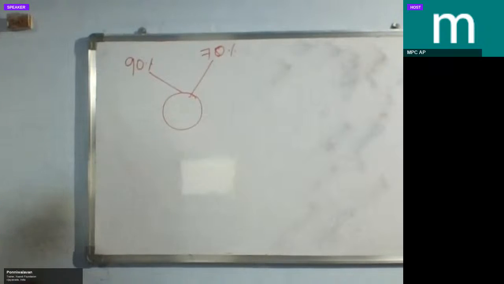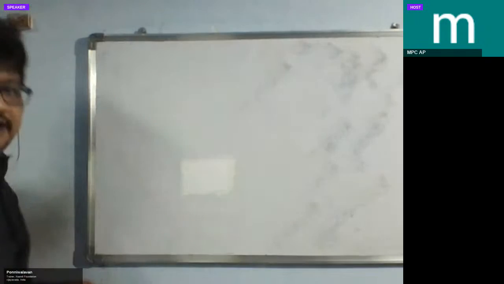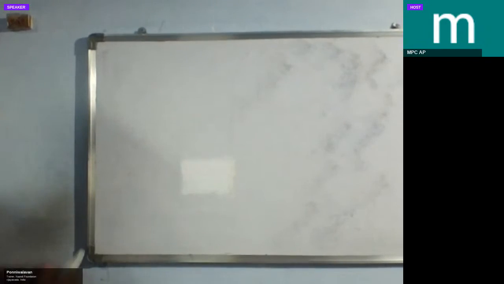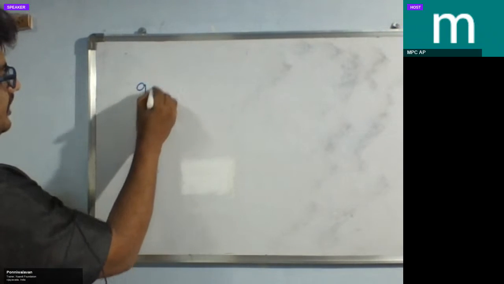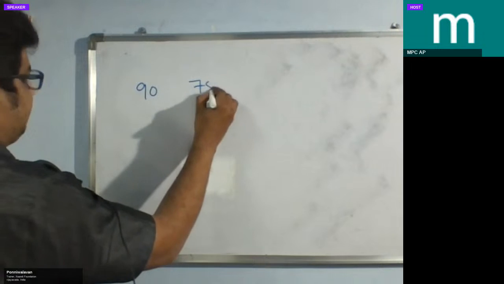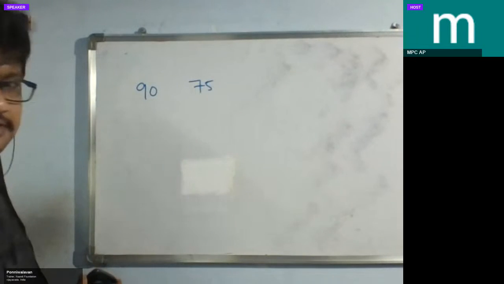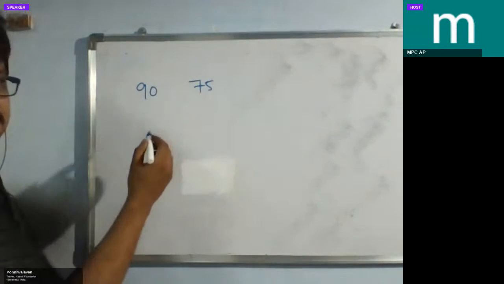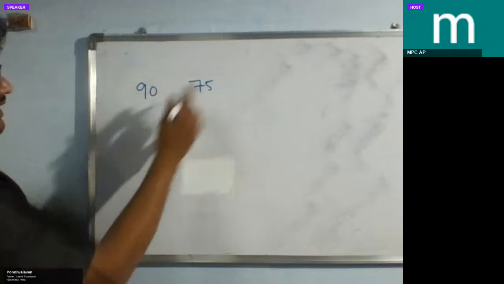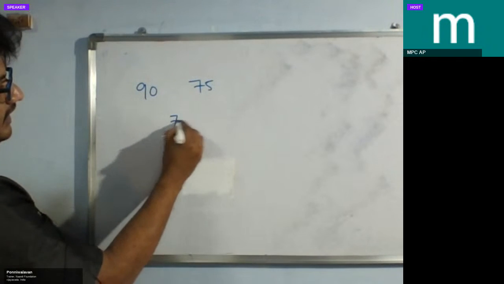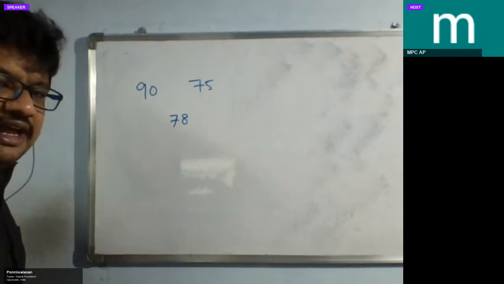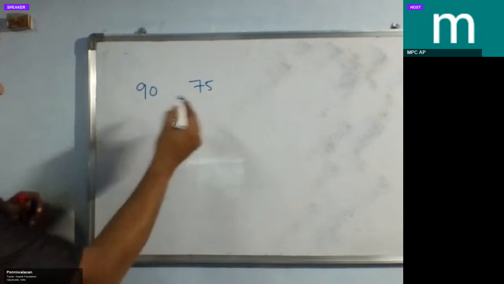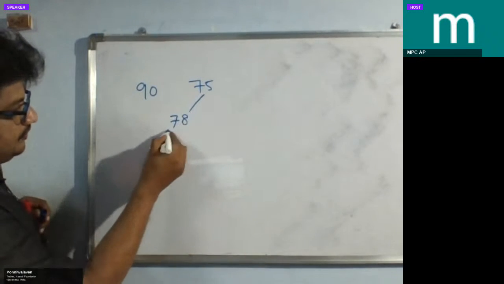Okay, listen. Be careful. We are mixing 90 and 75, and we are getting 78. If you have the mixture value, then find the ratio.